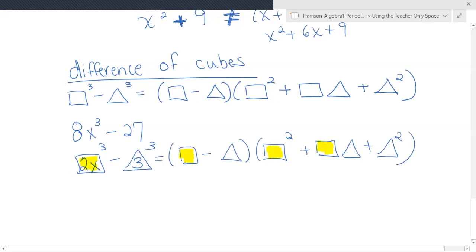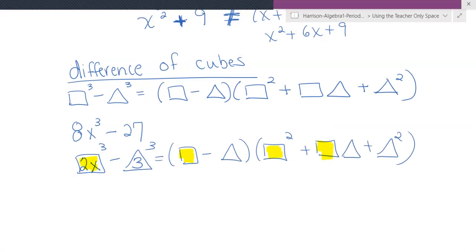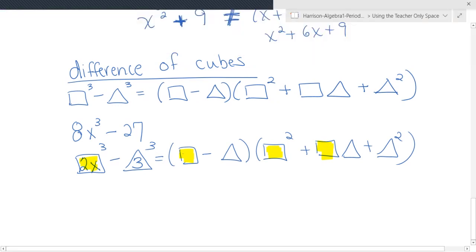Again, me with our highlighter. That's my favorite part of this technology. See, I spoke too soon. There we go. Okay, so we're going to put a 2x everywhere there's a square box, and a 3 everywhere there's a triangle box. So put a 3, 3, 3.